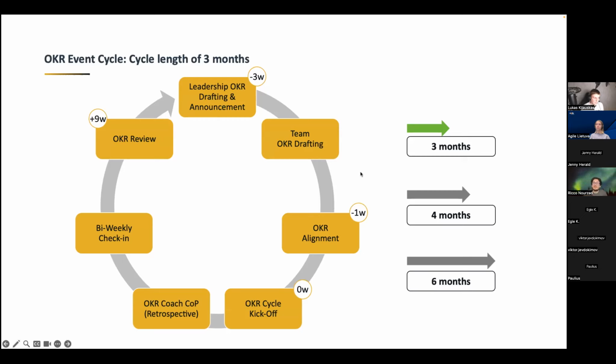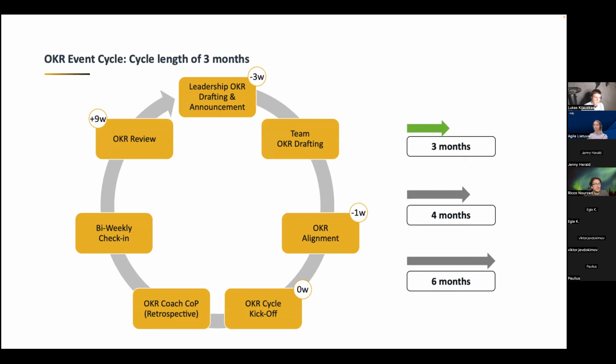The rule of thumb is to have around 50% top-down, 50% bottom-up OKRs. So 50% really connected to the strategy of the organization, 50% using the knowledge of the knowledge workers.